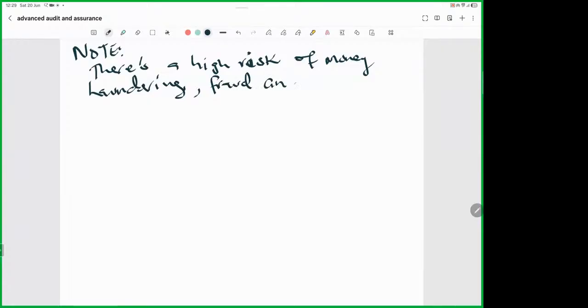And the biggest implication now will be under material misstatement in the financial statements.